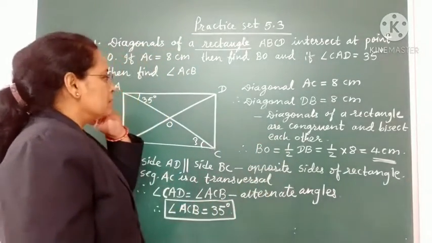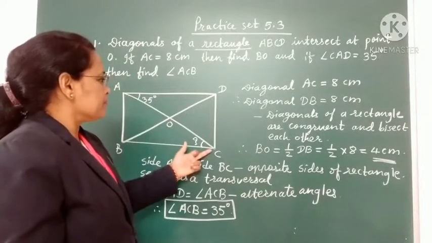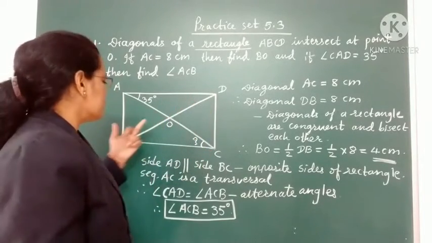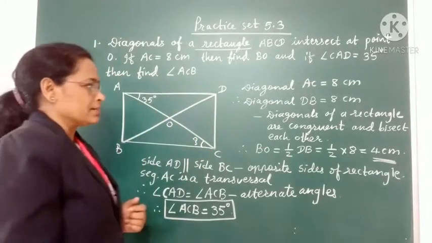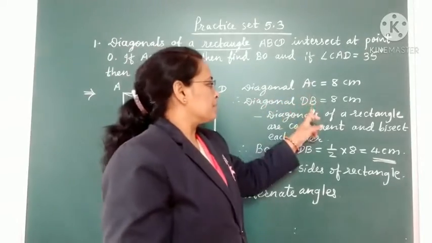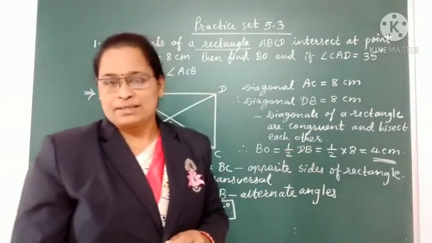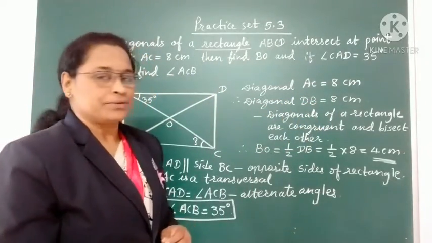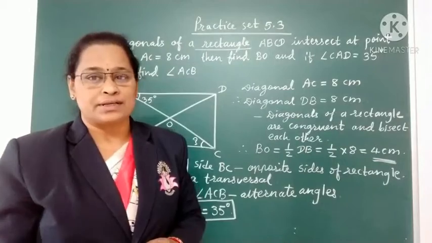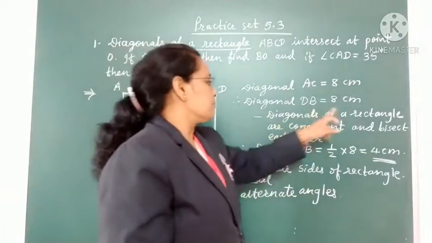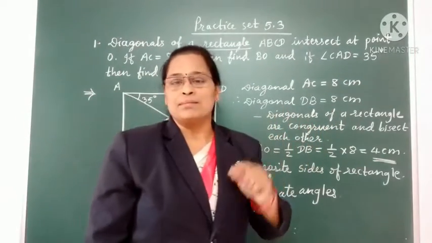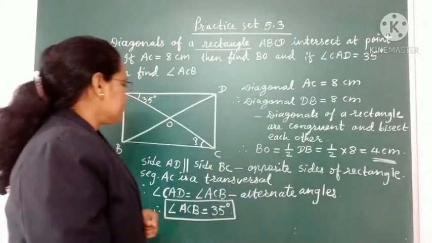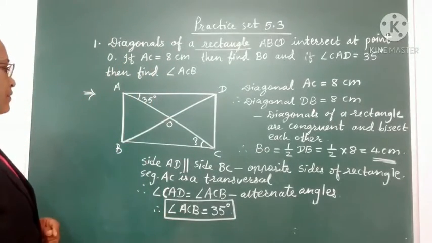So here, one of the diagonals is given, that is 8 centimeter. So the second diagonal is also 8 centimeter. So both of the diagonals have the same length, 8 centimeter, because what property are we going to use here of the diagonals of the rectangle? That is, diagonals of a rectangle are congruent and they bisect each other. So if they are bisecting each other, from that we can find out BO.